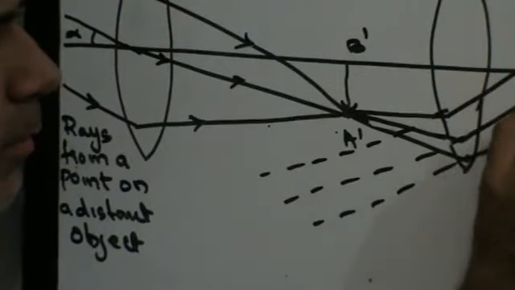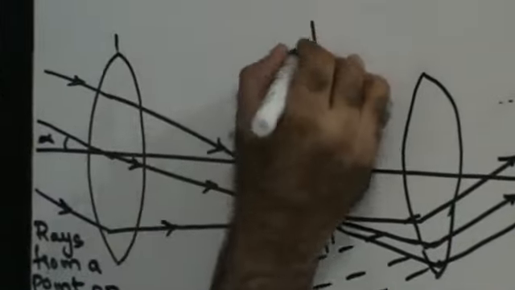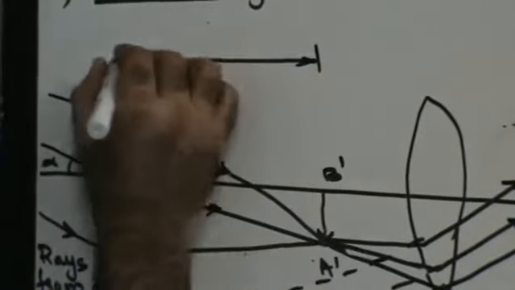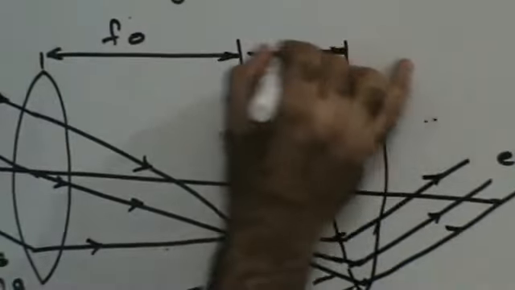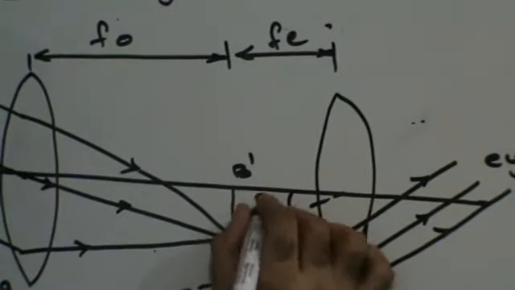After meeting at this, they will move here. Let's assume that this is my objective. This is going to be my focal length of the objective, and this is going to be my focal length of the eyepiece. Fine. Let's assume that the angle which is formed at the center here is say beta.